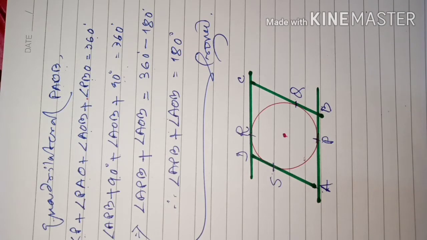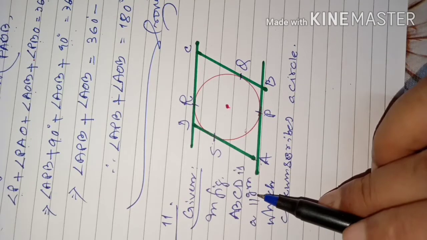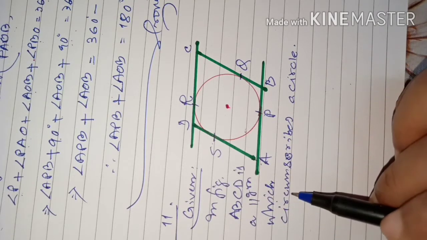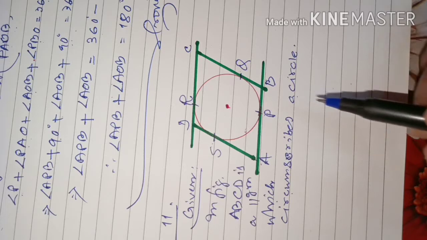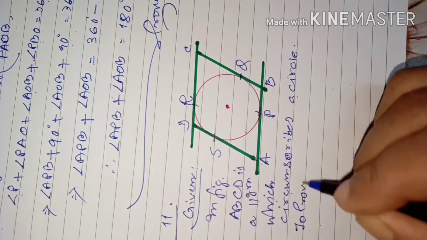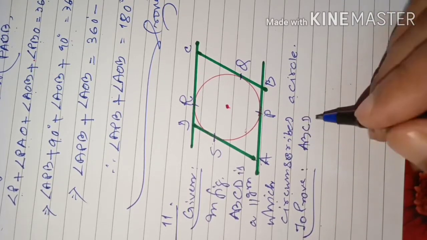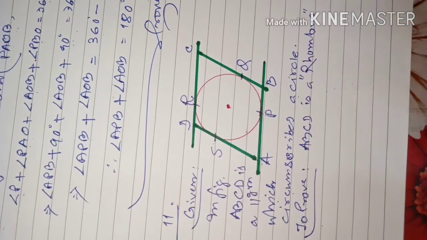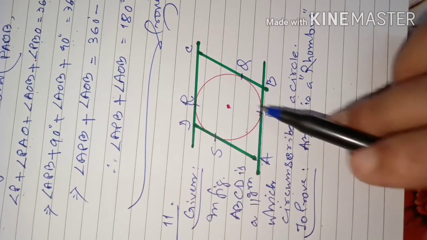So we will have to write in the figure: ABCD is a parallelogram which circumscribes a circle. Then to prove, ABCD is a rhombus. What is the speciality of a rhombus?